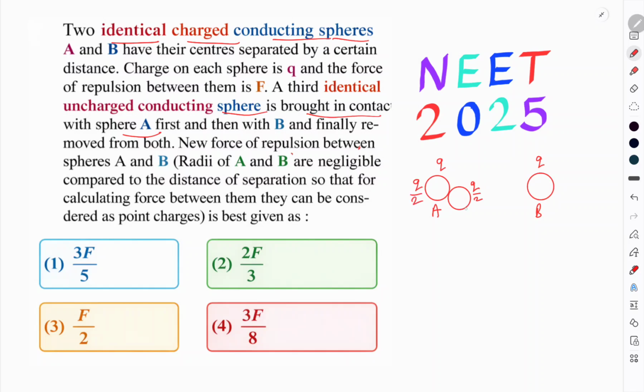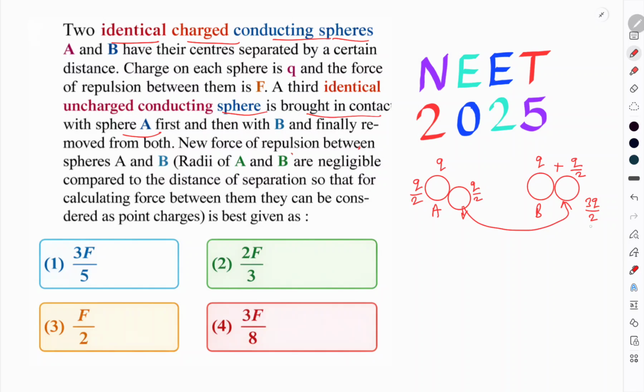And now this sphere is taken in contact with sphere B. Here was the charge q by 2 and here was the charge q. Total charge is q by 2 plus q, that is 3q by 2.